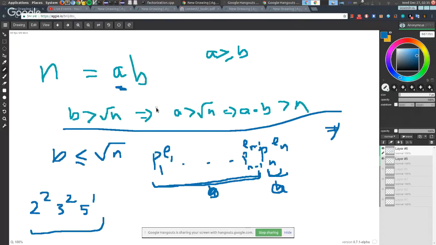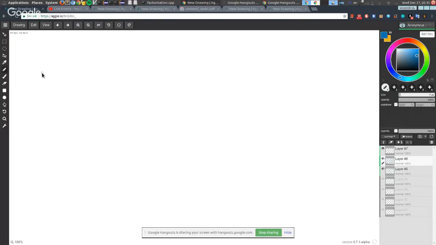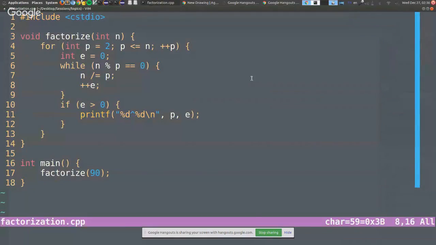Okay, so going from this observation, I'll explain the other algorithm. The other algorithm will go, instead of from 2 to n, only from 2 until the square root.